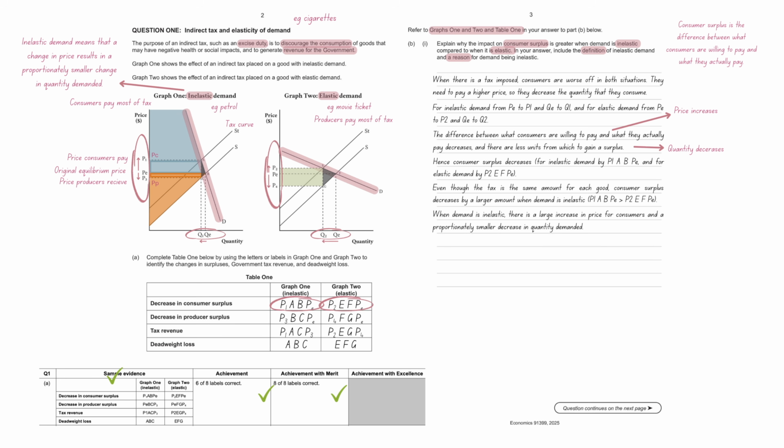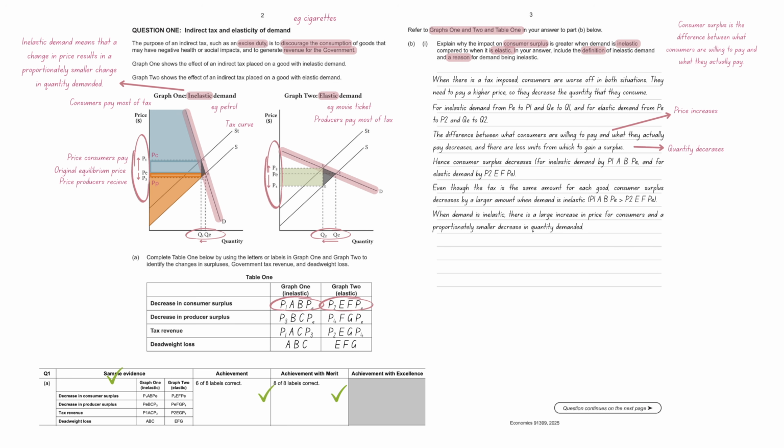Also, quantity decreases by quite a small amount, QE to Q1, compared to elastic demand. But that's not really as important as the price change because it's only a small amount of the consumer surplus that gets taken off there. So basically, the overall change in consumer surplus is bigger for the inelastic demand than it is for the elastic demand because of the fact that when something is inelastic, there's quite a big change in price.